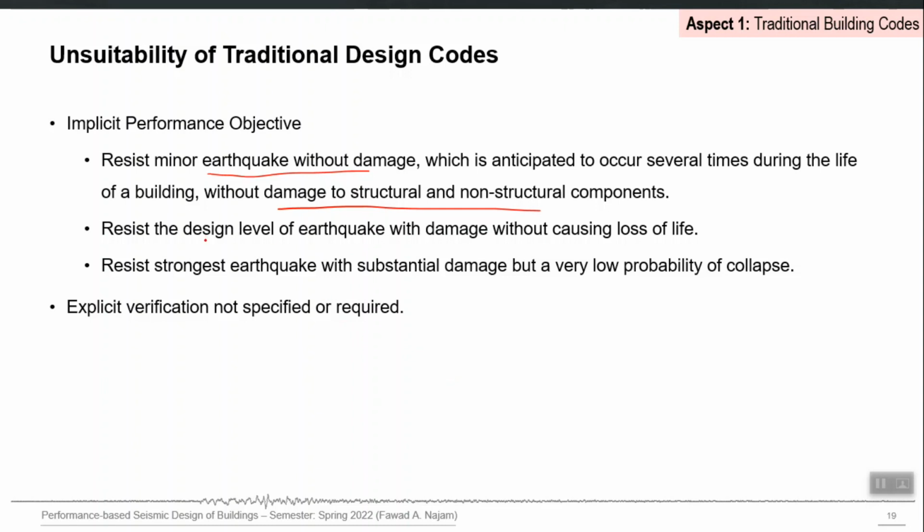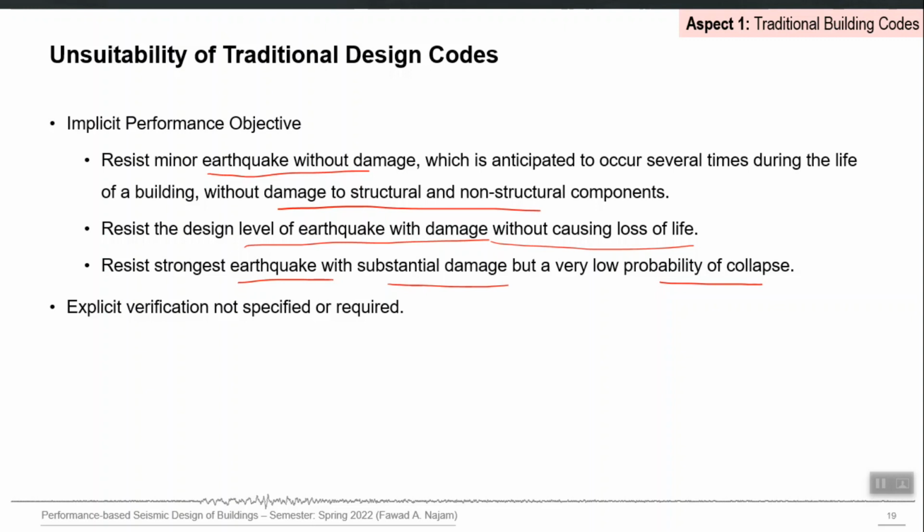If a moderate level earthquake occurs, the structure can have some damage, but there should be no loss of life. This is the intention behind the traditional building codes. And if a very strong earthquake occurs, there can be substantial damage, but the probability of collapse should be low. The structure shouldn't catastrophically fall down. So, this is the implicit performance objective.